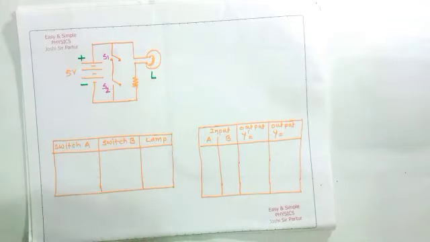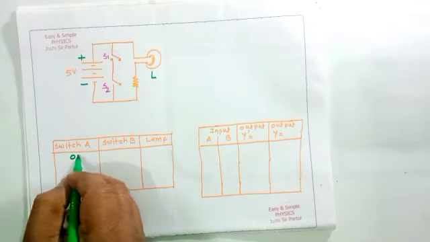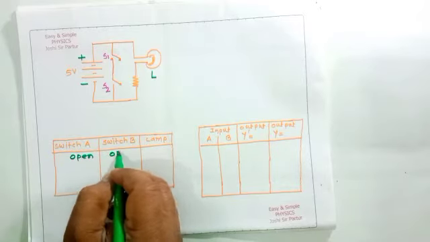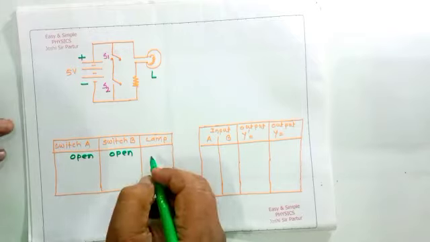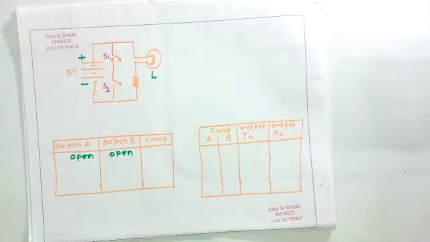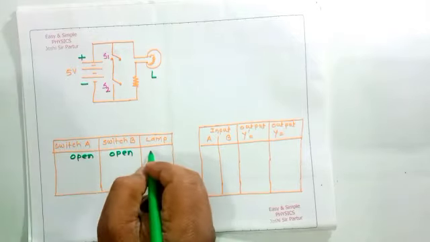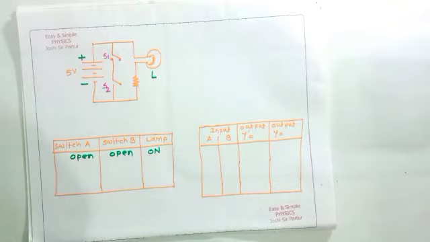When the two switches, switch A and switch B, are open, then the lamp will glow, and so it shows on mode.